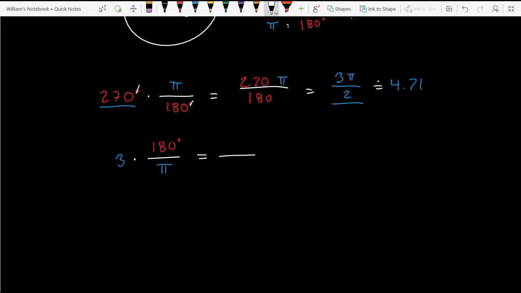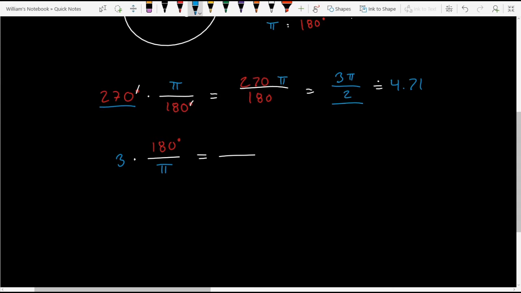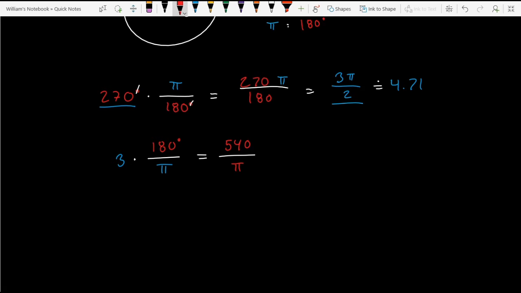So what we get is 540 divided by pi, which is now in degrees. The interesting thing about degrees is that degrees really isn't a unit. It is kind of a representation of scale.